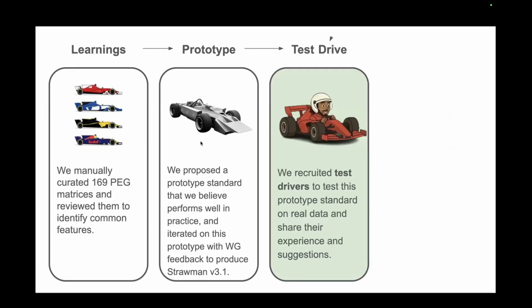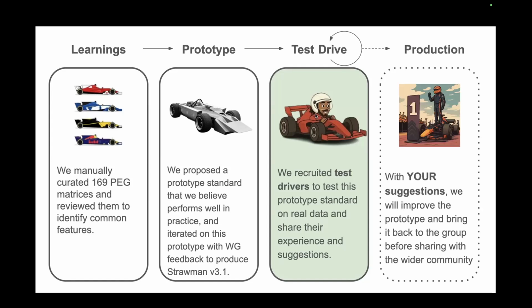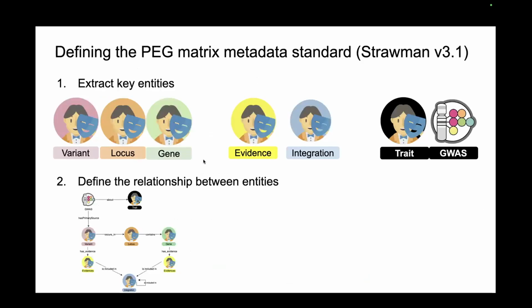We then recruited individuals from this community to test drive this prototype standard on actual data and share your experiences and suggestions. And finally, with your suggestions, we're going to improve this prototype and share it with the wider community at ASHG and beyond.